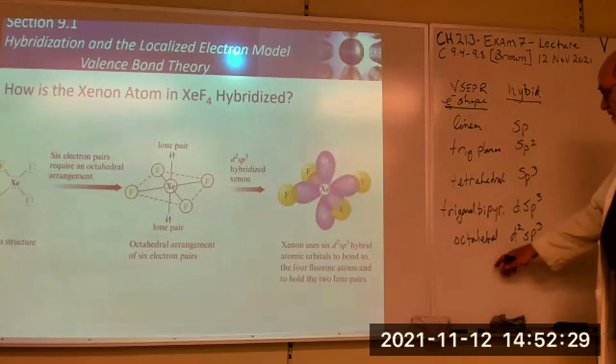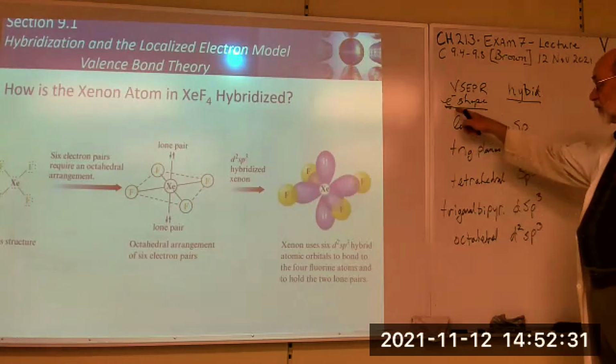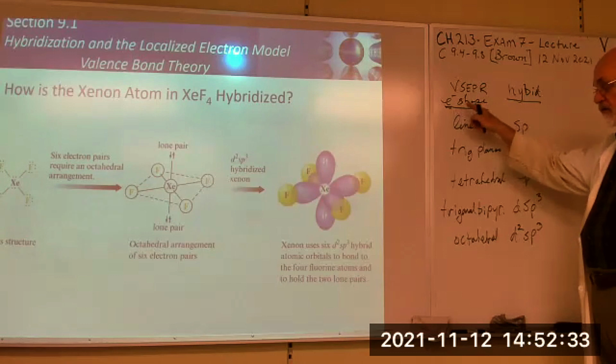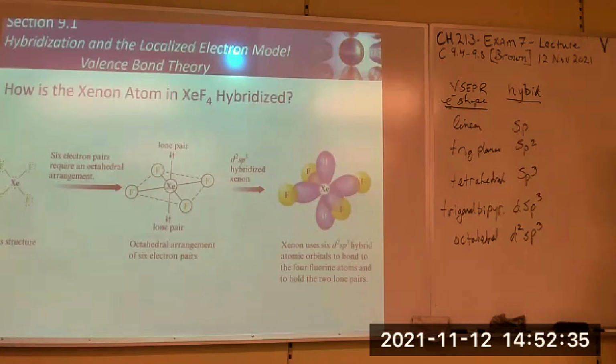I just remind you, we're talking about the electronic structure because the lone pairs have to be included, at least for now. I can think of some examples, particularly with organic chemistry, where the lone pairs are left out of the mix. But for now, this is where we're at.